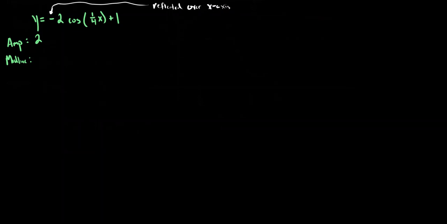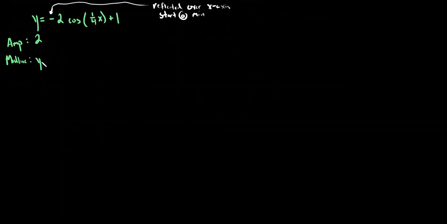But since it's been reflected over the x-axis, since it's negative, it's going to start at the minimum. Just like with sine, if it was reflected, we went down to the minimum right away. With cosine, if it's reflected, we start at the minimum right away. So amplitude is 2, starting at the minimum.